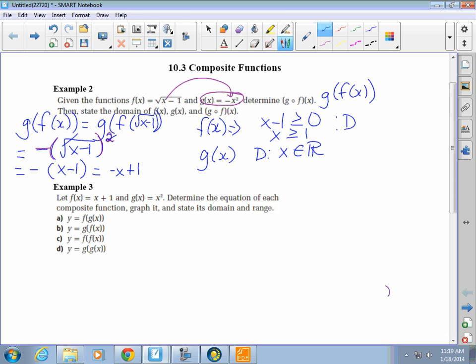Now if I did this with my sign analysis, for this one here, at 1 I would be at 0, and then everything to the left of 1 would be positive, everything to the right of 1 would be negative. For the g(x), everything will have a negative value, right?